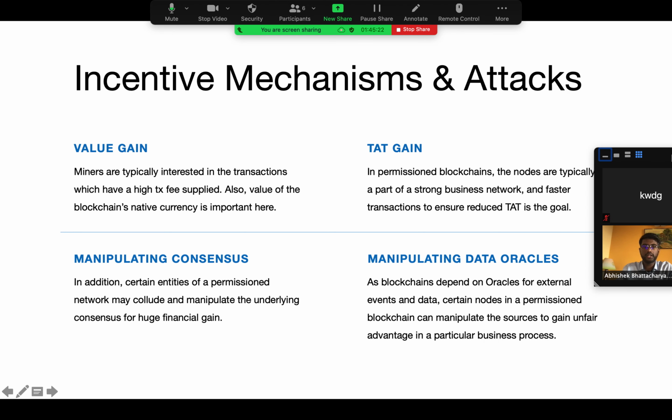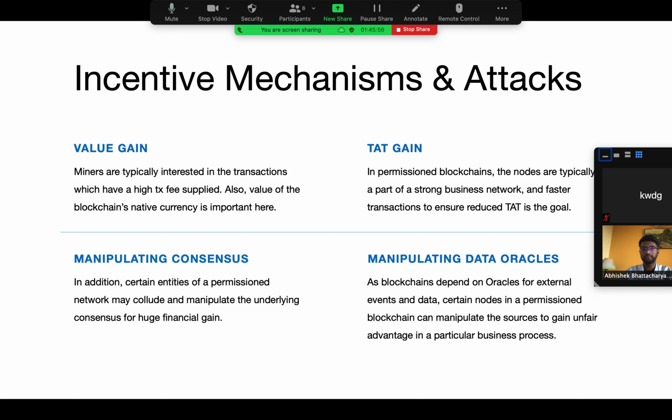So let's take a look at the incentive mechanisms that we were discussing earlier. In this slide, we discussed 2 kinds of incentives that miners have, and 2 kinds of attacks that can happen in these networks. Let's skip through it quickly. First is value gain. In a public network, which is the common case for networks like Ethereum and Bitcoin, after mining you get a reward. In the case of Bitcoin, the value gain for miners is the 6.25 Bitcoin reward, which is humongous.